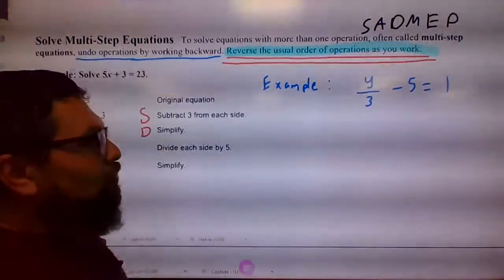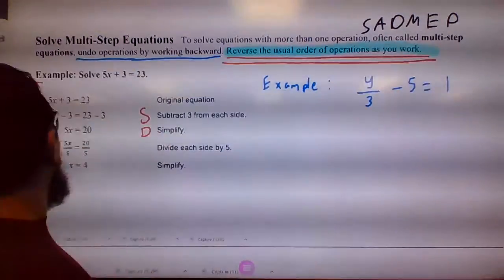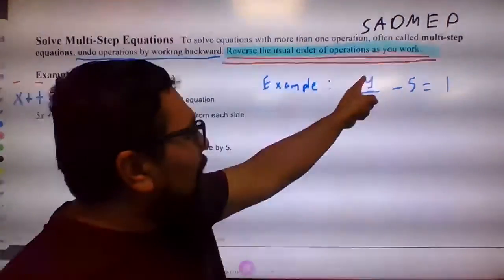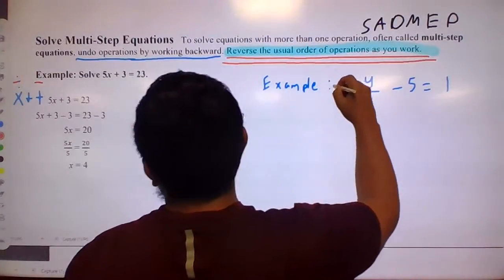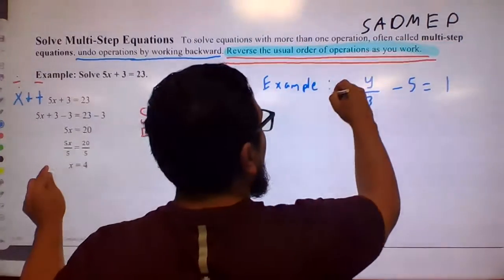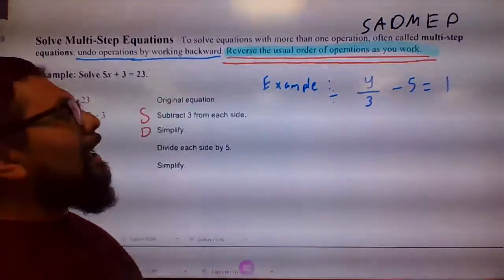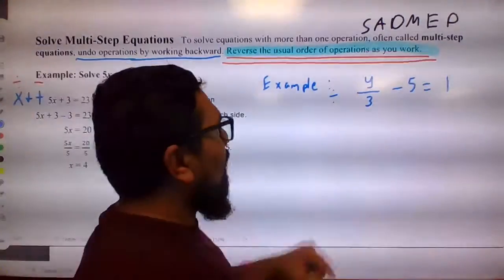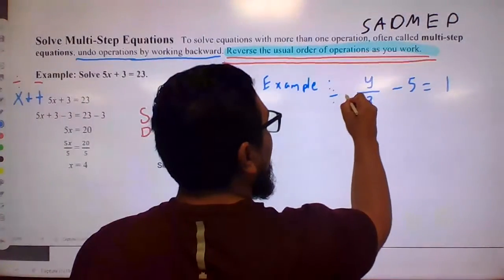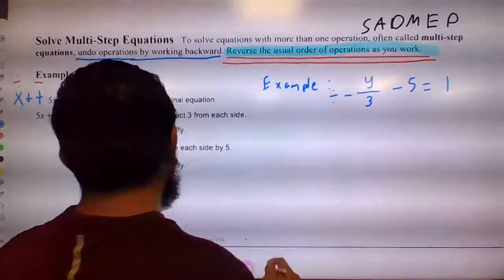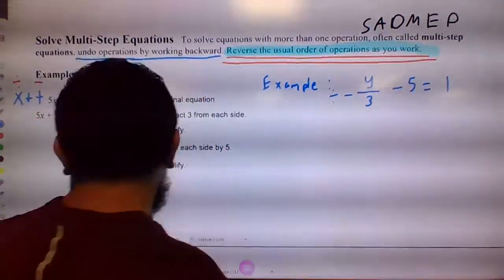Okay. So what type of problem do we have here? There is division going on here, and also subtraction. So subtraction and division. Let me write it over here better.